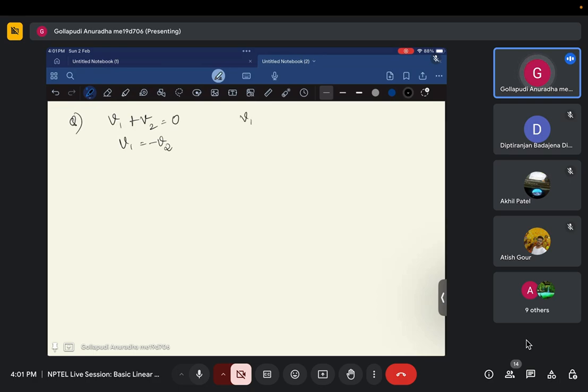The v1, v2, v3, etc. are the components of the vector. So tell me, with this constraint, will the set of vectors form a vector space? Is my question clear?